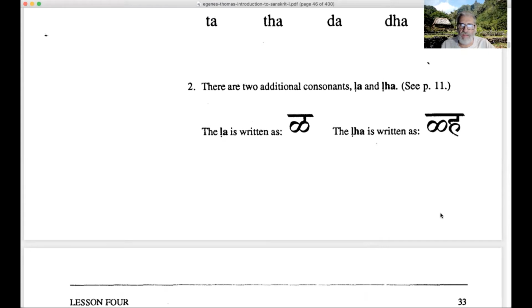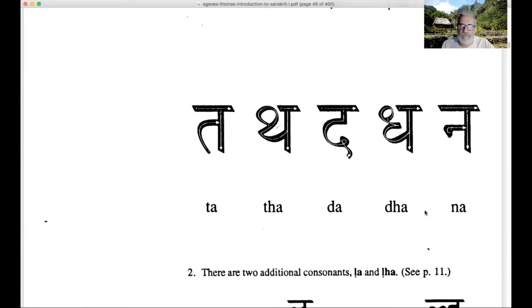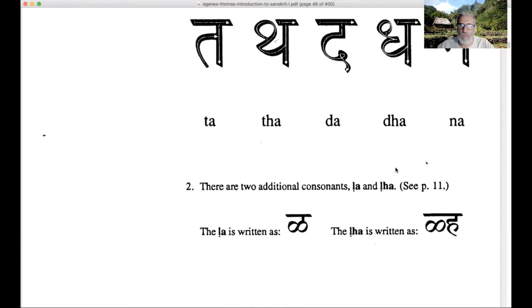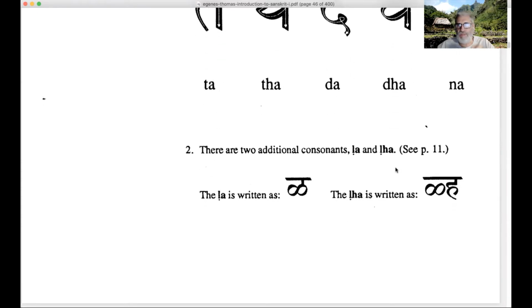Now, here's a couple of letters maybe you don't know. These were mentioned before on page 11. It was mentioned that this is only for the Veda. In the Veda, if you have these two cerebrals, da and dha, with a vowel on each side, then they change to this.